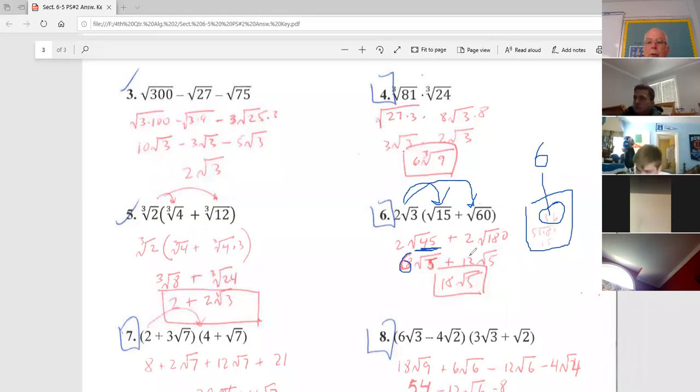So the 6 times the 2 becomes 12, leaving 5 under the radical. Now I've got what they call like terms, or like radical expressions, which means I've got the same value under the radical, and I can add the 6 and 12. And there's my final answer, 18 radical 5.